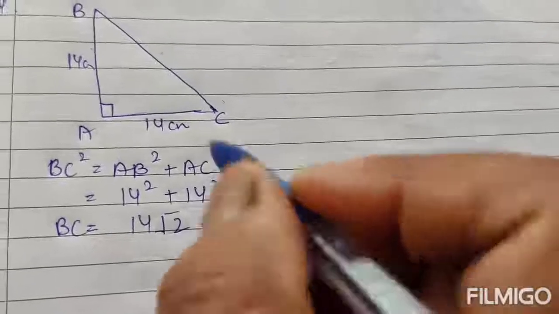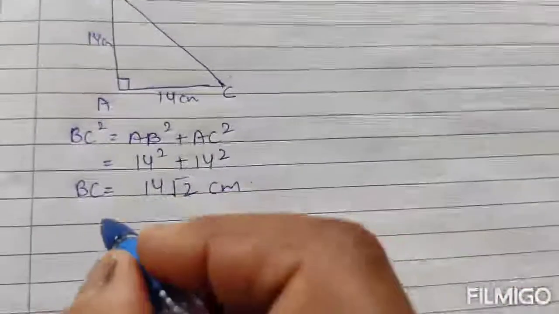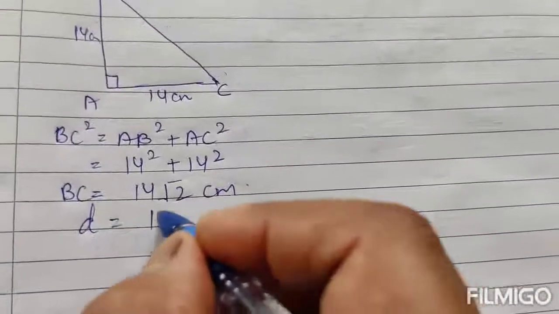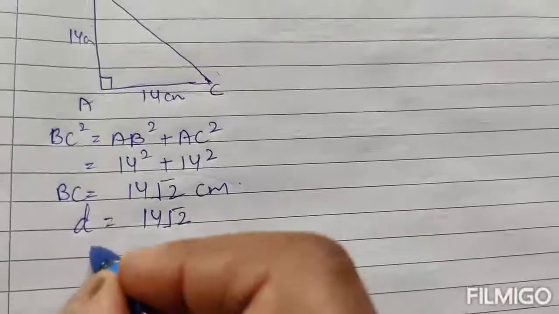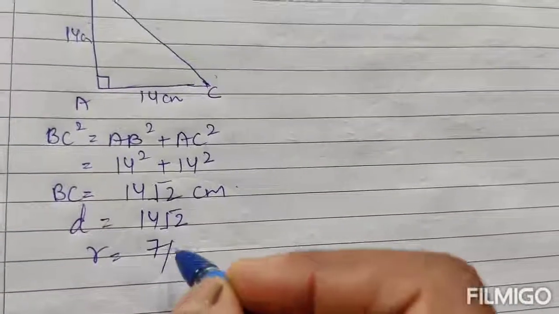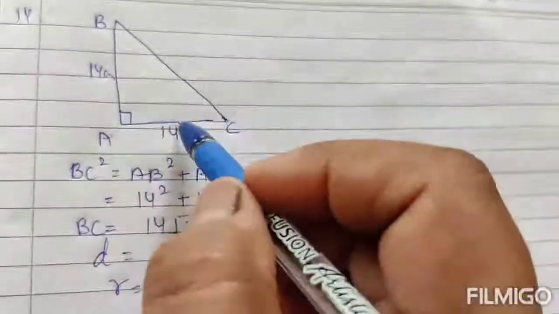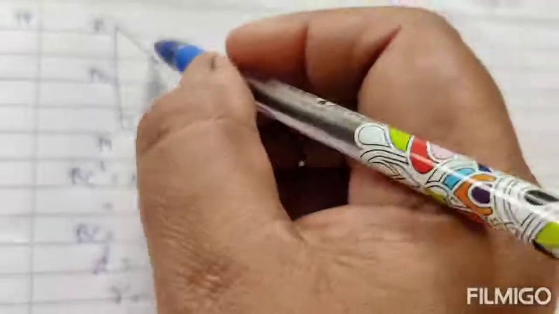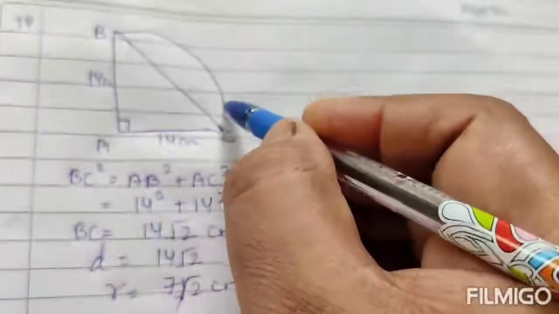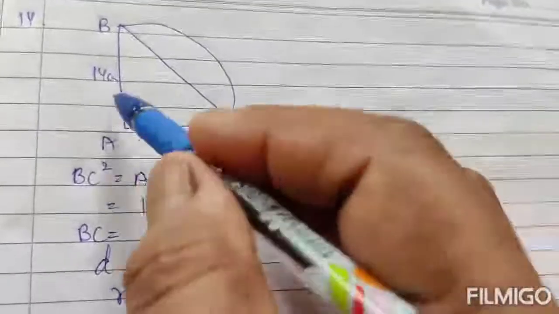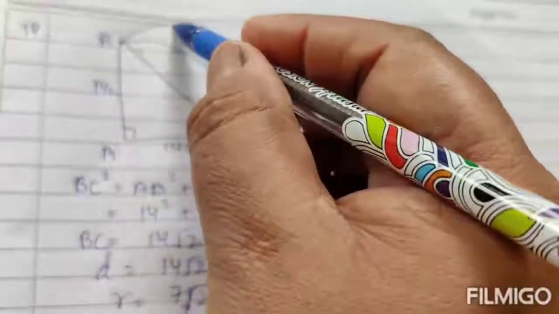This is the diameter BC. The diameter of semicircle is 14 root 2 centimeter. Then the radius equal to half of this, 7 root 2 centimeter. Now area of triangle 1 by 2 14 into 14 and area of quadrant 90 by 360 and area of semicircle.